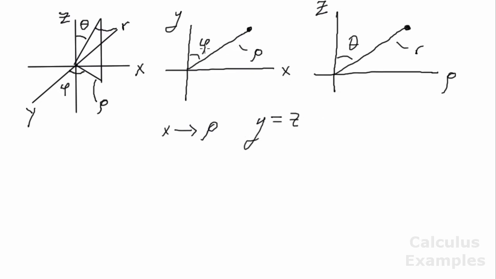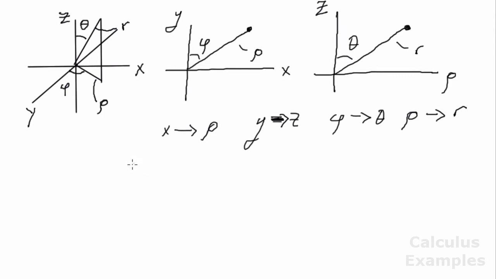Every time we see a phi, we're going to replace it with theta, and every time we see a rho in that equation, we're going to replace it with r. So what does that look like after you've made the replacement? Hopefully you still have the original equation up because I'm tired of writing.